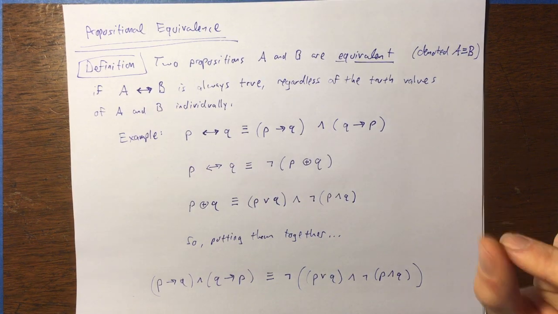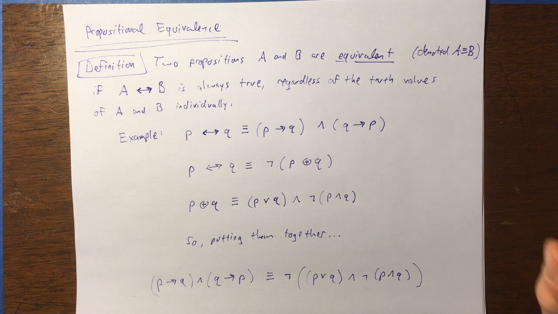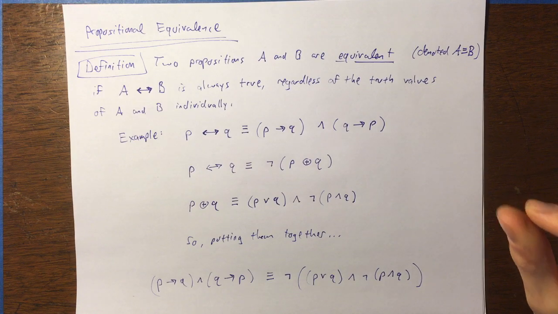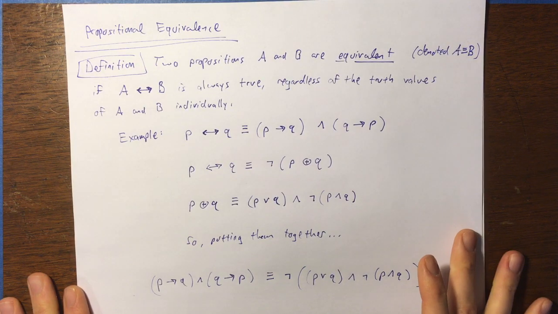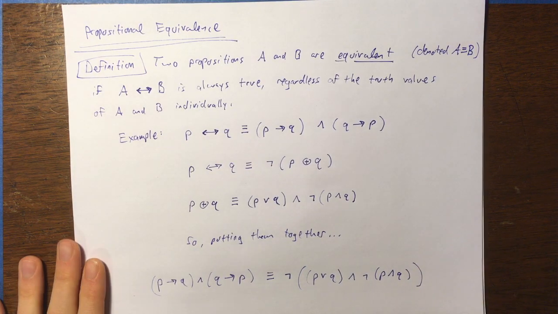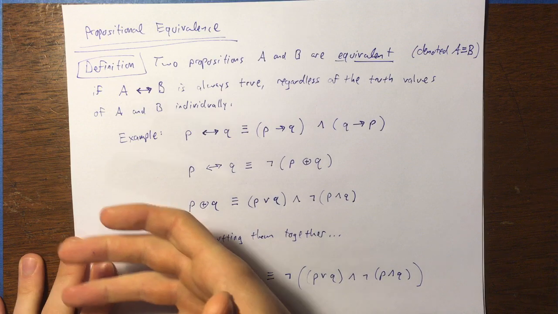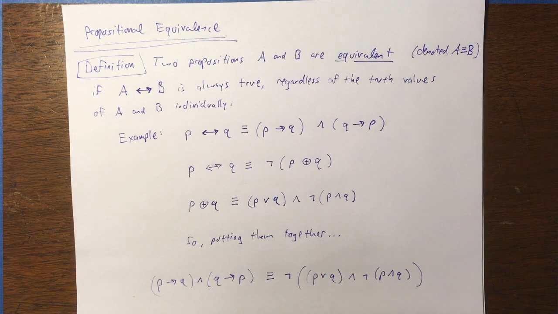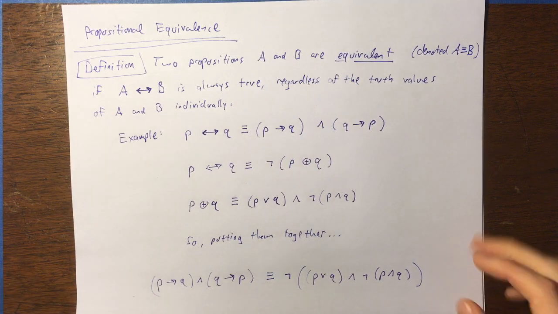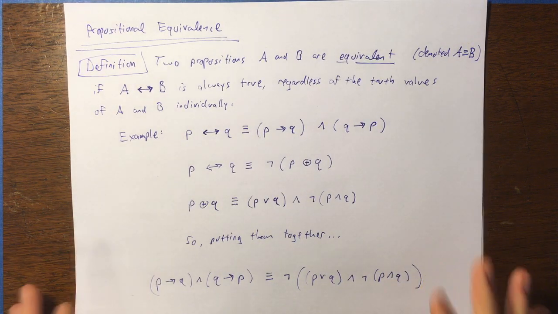Actually, algebraic equations is not quite the right idea, maybe more so like algebraic identities. A better analogy would be identities, like the commutative law and the associative law and the distributive law. Or in trigonometry, you have things like the double angle identity and the Pythagorean identity and the quotient and reciprocal identities. So these equivalences are like identities.